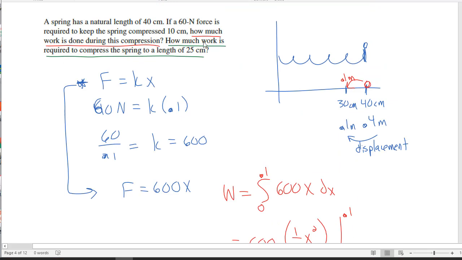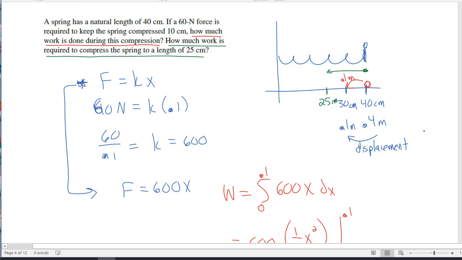All right, now the second question that I highlighted in green said how much work is required to compress the spring to a length of 25 centimeters. So if I come back to this visualization here, we're compressing to a length of 25. So we're going from 40 centimeters and we're going to a length of 25 centimeters.